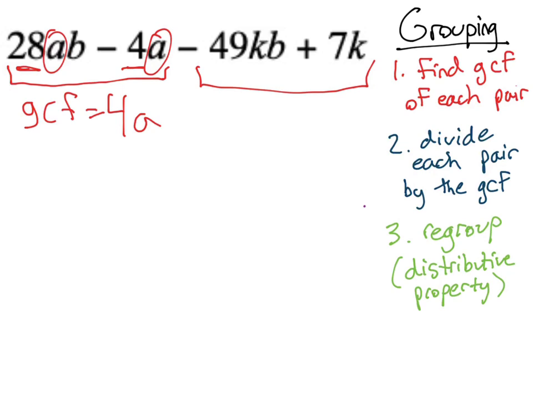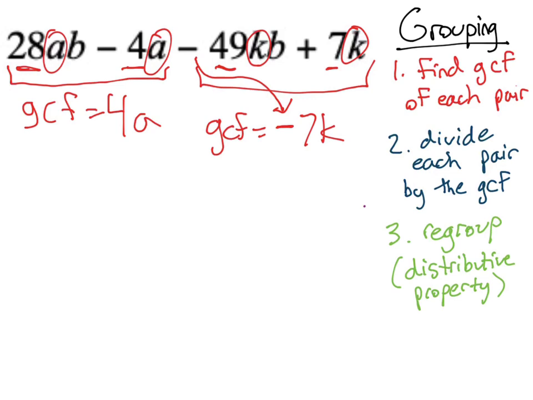In our second group, we have a negative, so our GCF is going to be negative. Looking at the coefficients, 49 and 7 are both divisible by 7, so our GCF will include negative 7, as well as the common variable here, which is k.